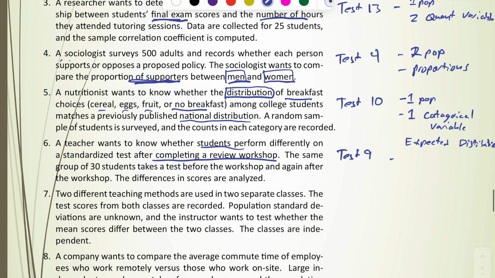So we've got two populations. I put that in quotes because it's really the same people, but after something has changed, so you can look at it as being different. This is a mean, but they are related. Two populations that are related.